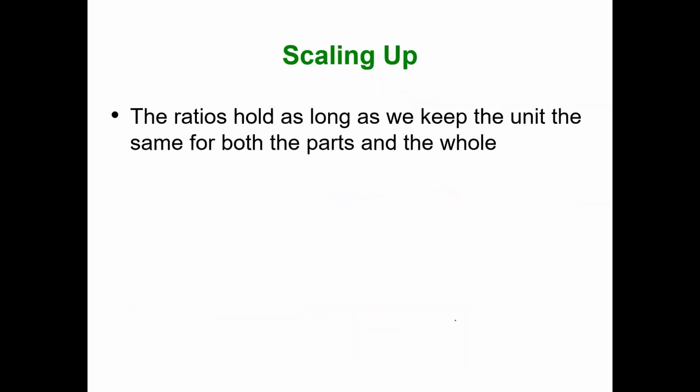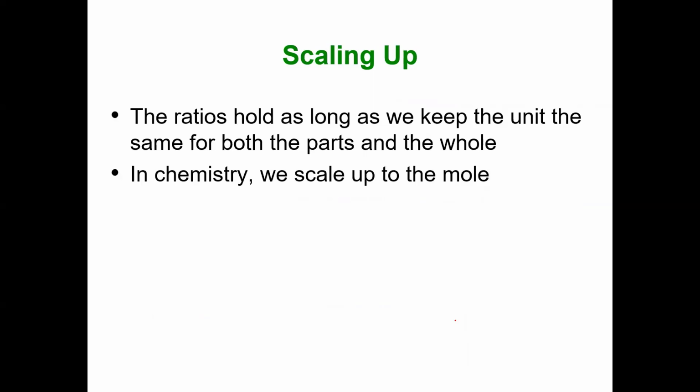So when we're looking at formulas, realize that we can always scale these ratios up, and this is going to be very important for the next couple of videos you'll be watching. So in chemistry, when we look at ratios like H2O, I don't want you to think, oh, there's 1 molecule of water and there's 1 atom of oxygen and 2 hydrogen atoms.